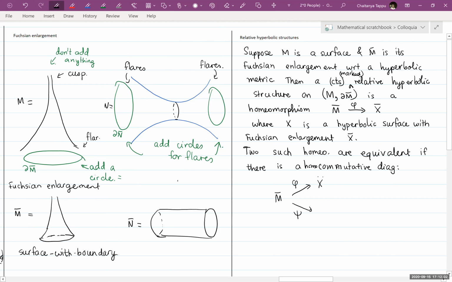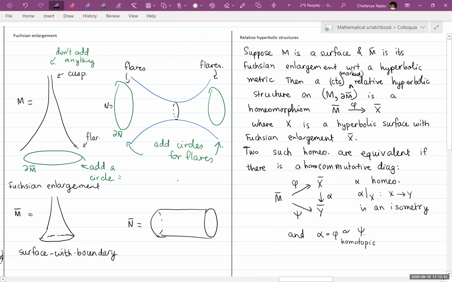If you have two homeomorphisms, one to X bar and one to Y bar, then they give you the same marked hyperbolic structure if there is a homeomorphism alpha, and alpha restricted to X from X to Y is an isometry, and alpha of phi is homotopic to psi.